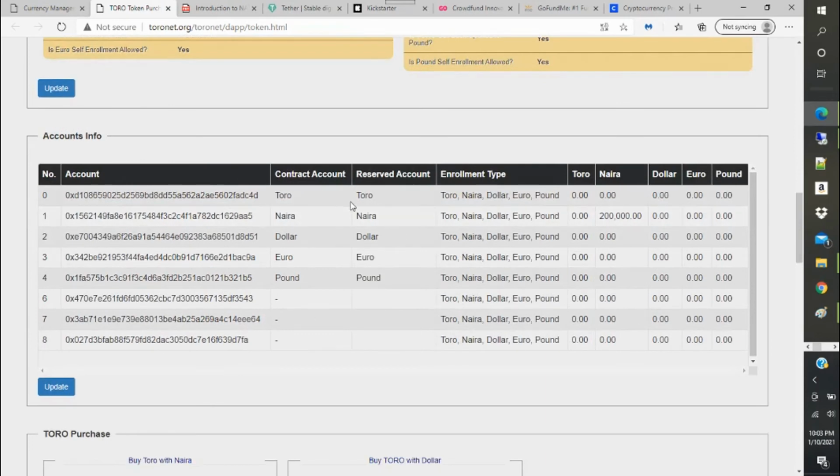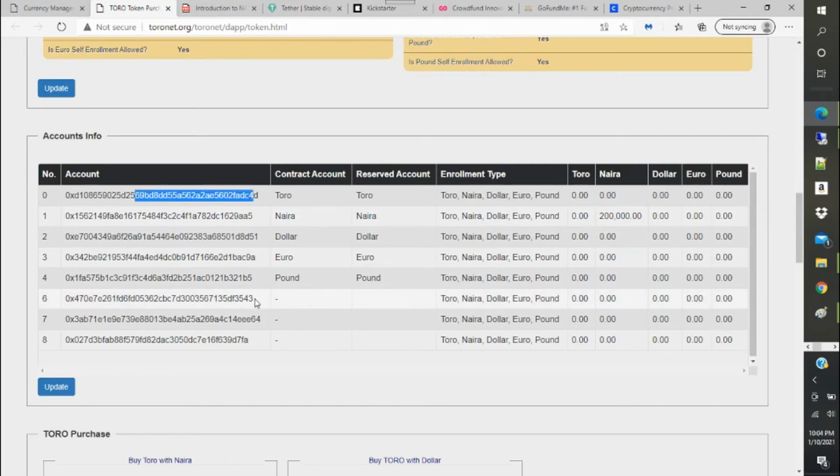As I said before, the system is made for ease and transparency to have different reserves for each of the different assets that are supported. So this is the Toro reserve, and these are the balances, nothing in it. This is the Naira reserve, and right now it has 200,000 Naira. Remember, it can actually also carry Toros, but for transparency and ease of accounting, it's made such that the Toros go into this address.